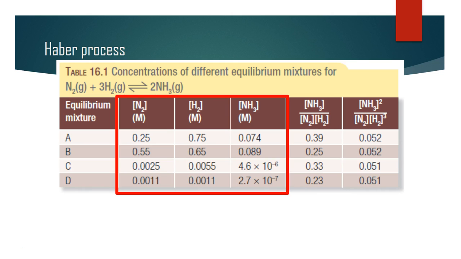We've looked at the Haber process, so I'll go through this pretty quickly. But essentially, if we look at this here, we can see that there appears to be no fixed relationship between the concentrations of nitrogen, hydrogen, or ammonia as the reaction proceeds by changing concentration.